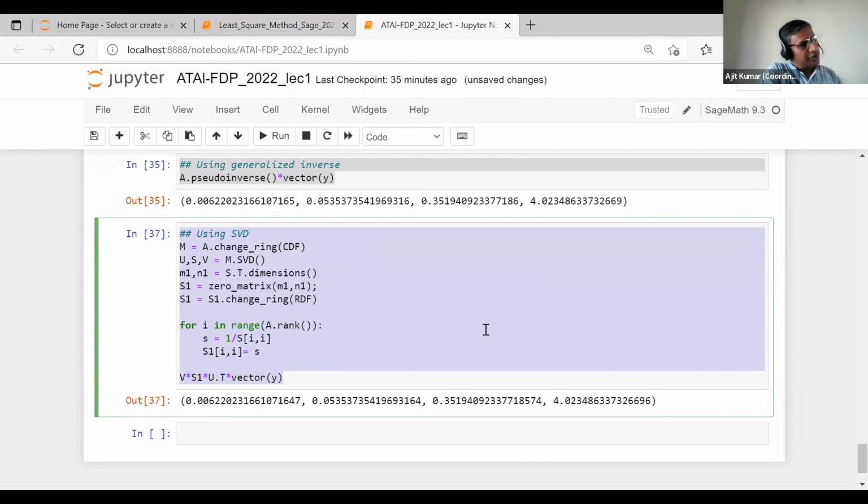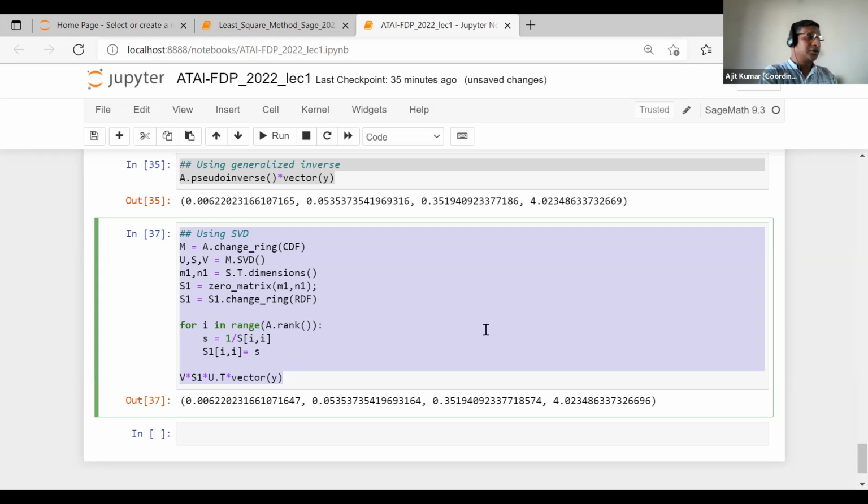So we have verified using the inbuilt function find_fit, using the generalized inverse, which is the inbuilt function pseudo inverse, then using the direct formula that we obtained using the normal equation A transpose A inverse into A transpose B. Also the generalized inverse found using singular value decomposition. All these things we have verified.